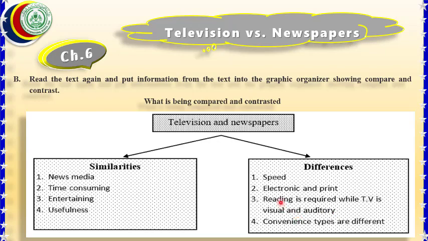In case of newspaper, we have to read. But in case of television, we don't have to read. This is the difference. Newspapers are read, TV is watched. This is the difference between these two. Convenience type are different. TV is more convenient. Newspaper is not as convenient as television. Dear students, these are the differences between these two. Let us move forward.